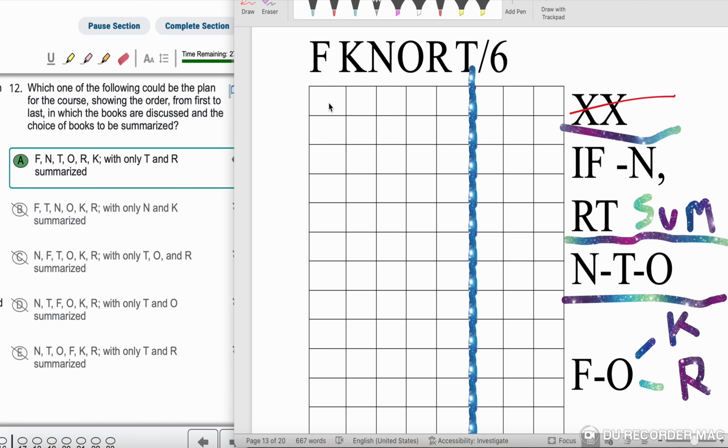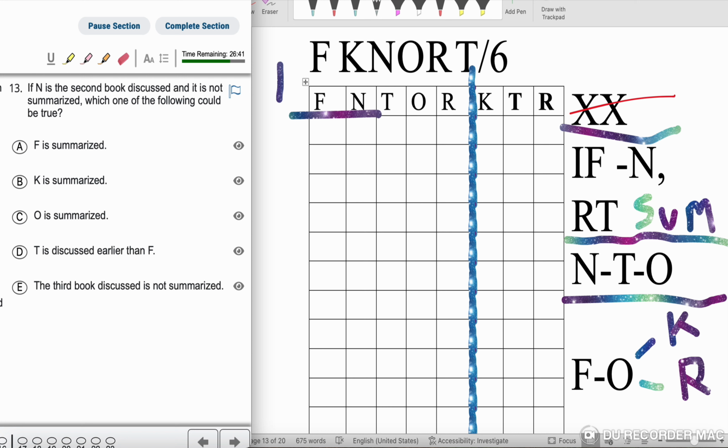So answer A: F, N, T, O, R, K. With the two books summarized, it's going to be T and R, and I'm going to go ahead and bold those last two. So that was question 1.